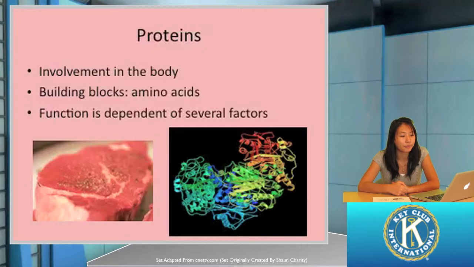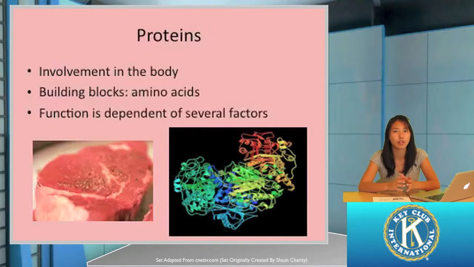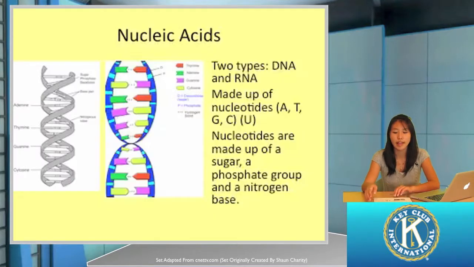Depending on the shape, it determines what they're involved with, like enzymes. And depending on the order of the amino acids, the codon codes for a different amino acid.